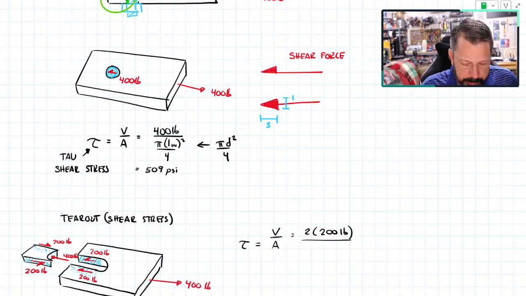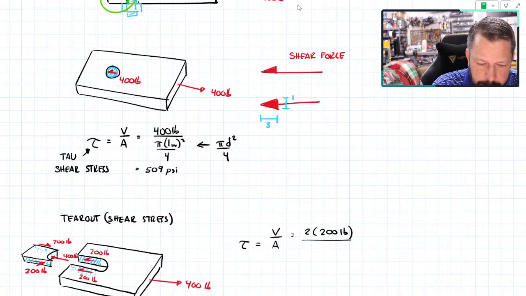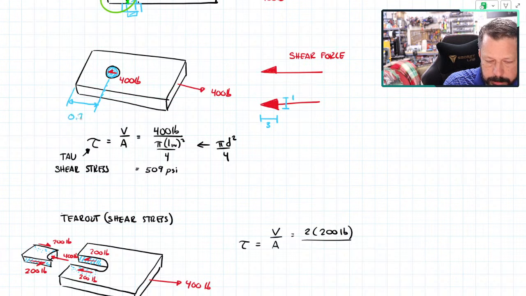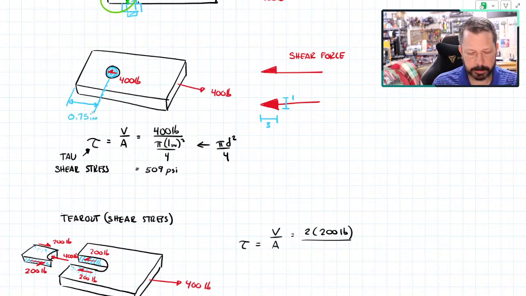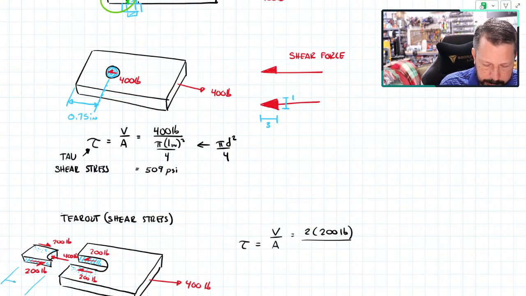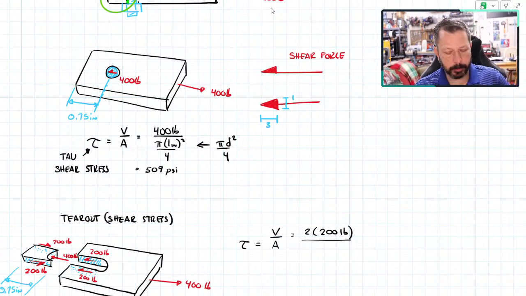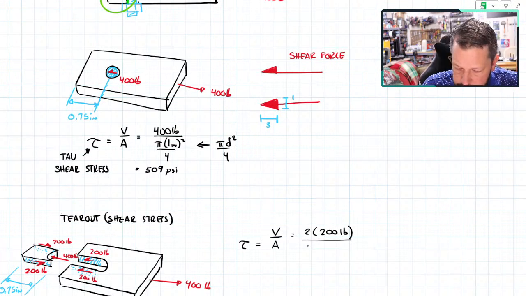The area is measured, I have to go up here. The area is measured from the center of the hole to the end of the block. We never made that dimension, so let's just say that that dimension is 3/4 of an inch. So that would be that dimension right there. So the area, again, I have two of them. I have one facing us and one on the back side of that little block that tore out. So two of them.